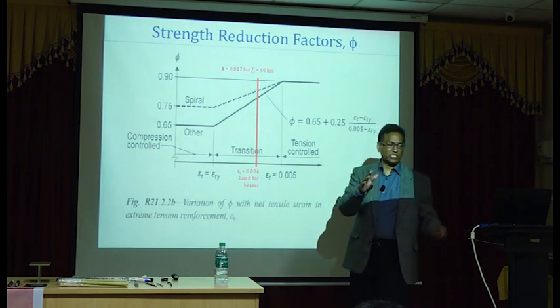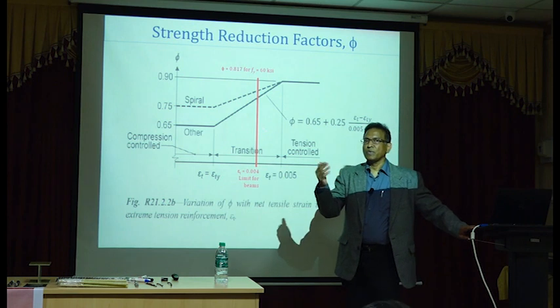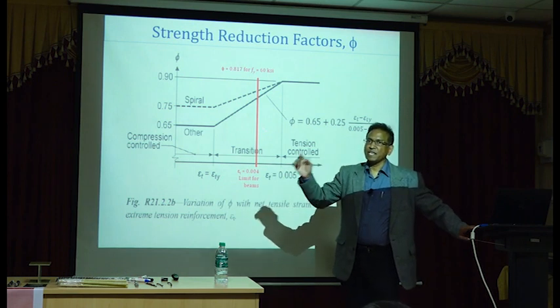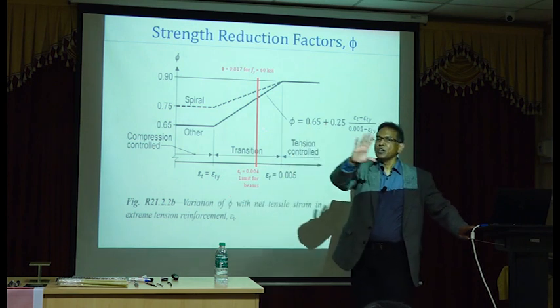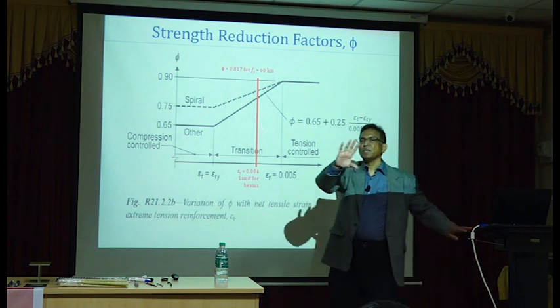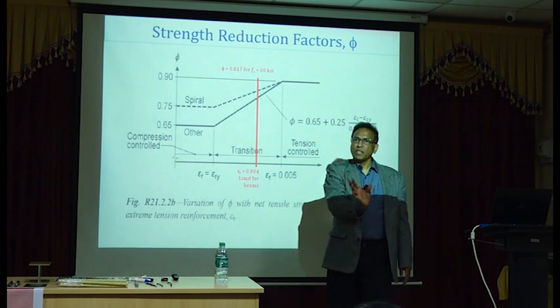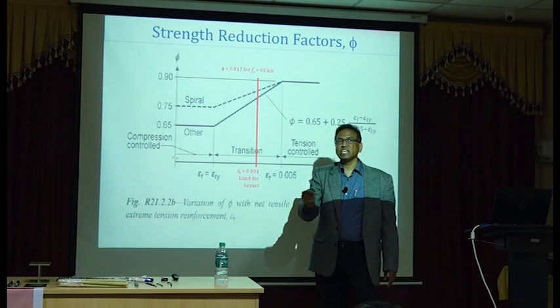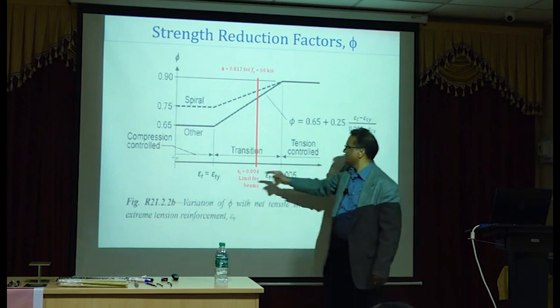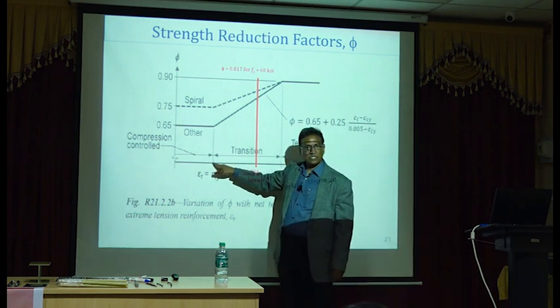So for a 60 grade steel with E equals 29,000 ksi, that's in ksi units, but in SI units, about 415 MPa with 200 GPa modulus, you will see the yield strain is 0.002. So this can be about 0.002.